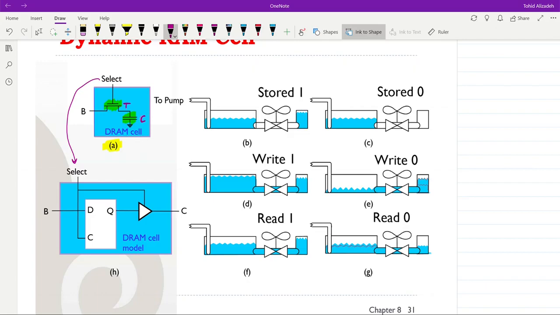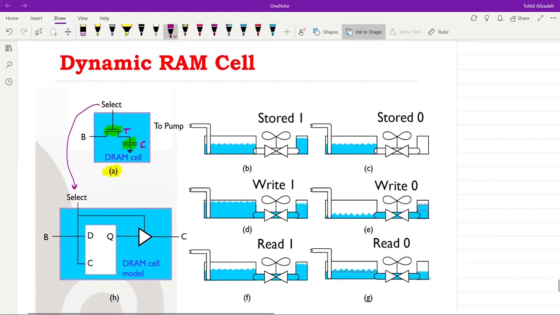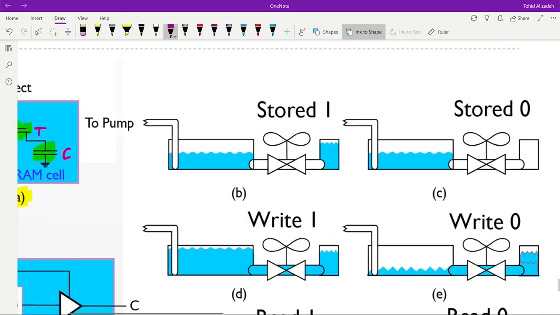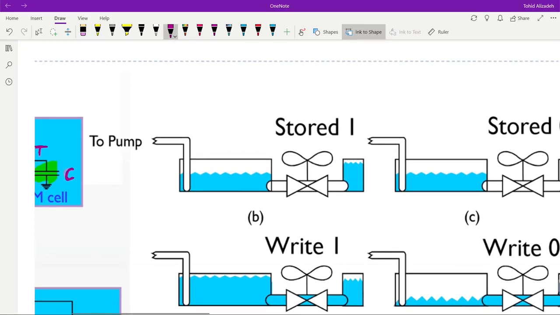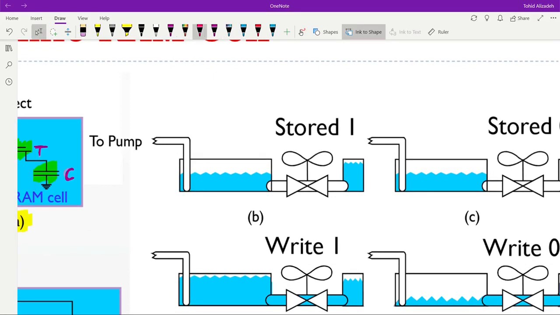On the right side of the figure, you can see the hydraulic analogy. Let me focus on a single part and then I will explain the different parts. So here, with the valve that you see here, we are modeling the transistor.